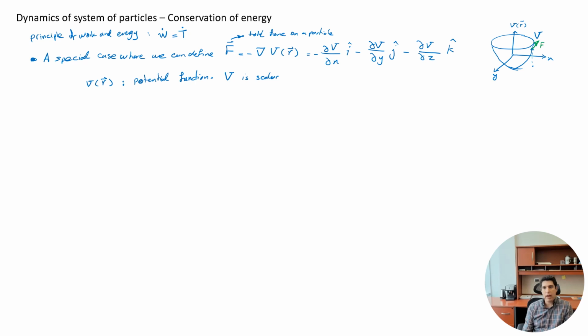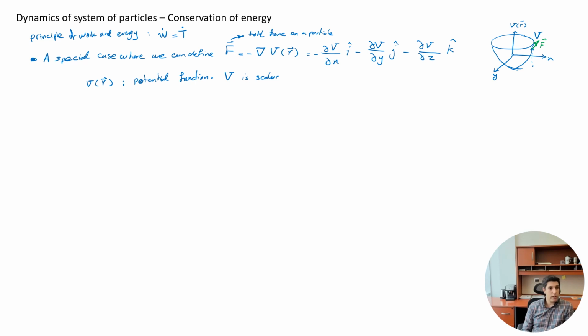So this is F at this point, a vector that is tangent to this potential surface, and it's in the direction of maximum change. So that's what the gradient is and its relation to the potential function.